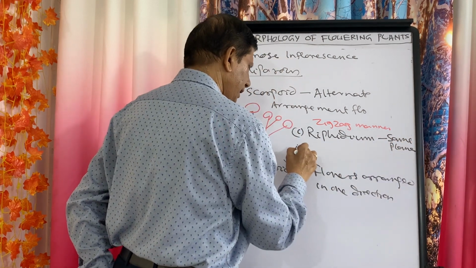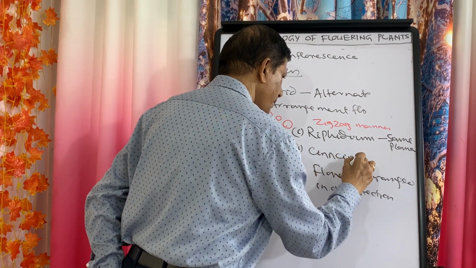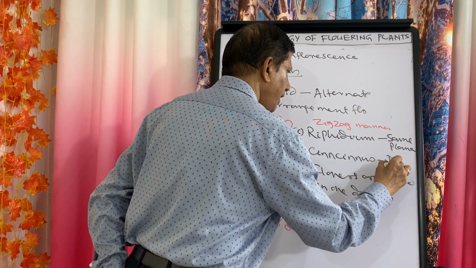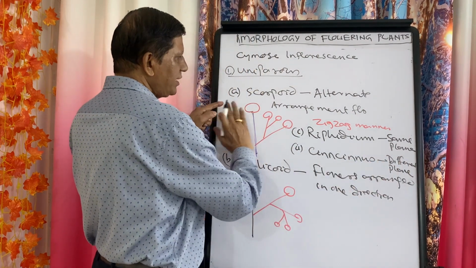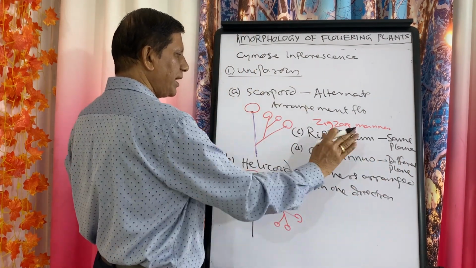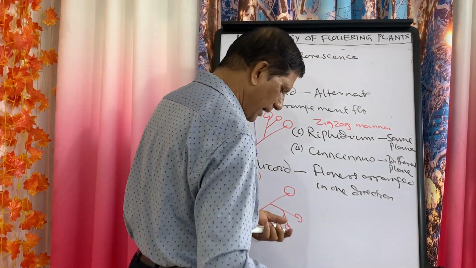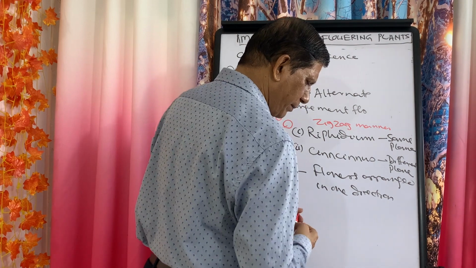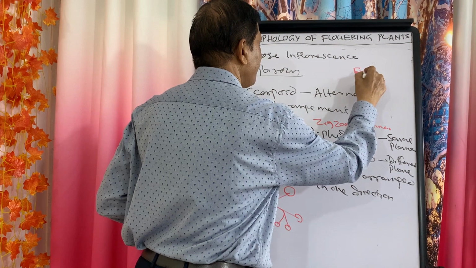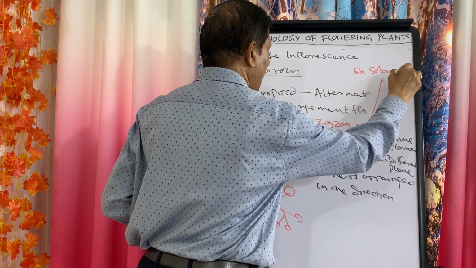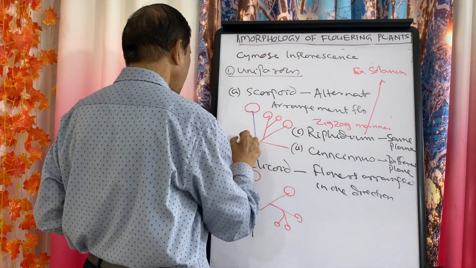While it may be cincinnus when they are arranged in different planes. That means when all flowers are in the same plane, that is a rhipidium, and when they are arranged in different planes, that is known as cincinnus. And if we write the examples, in the case of rhipidium the example is Solanum, while in the case of cincinnus the example is Ranunculus.